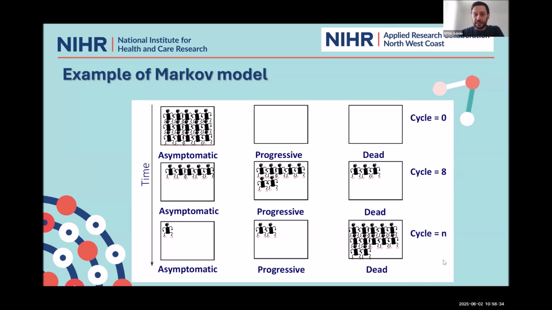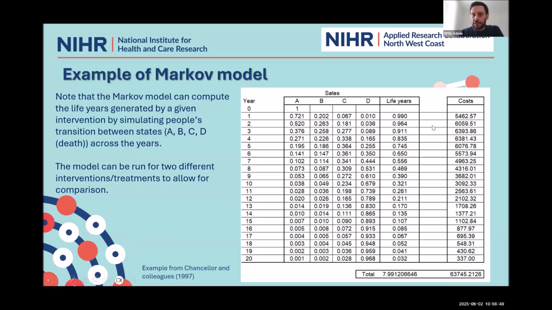And by the end of your time horizon, you will have a lot of people who have died, some people in the progressive state, and fewer people in the asymptomatic state. As I was mentioning before, you will have some costs and outcomes, in this case life years, associated with each cycle.